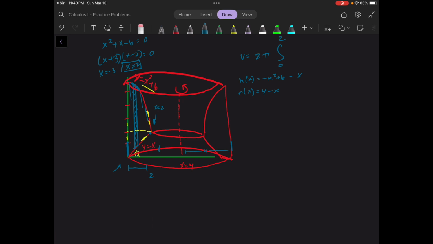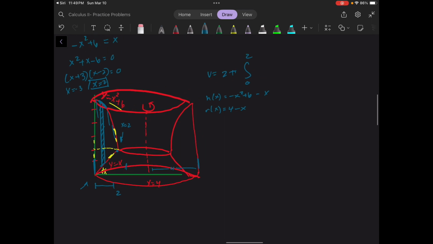So now the radius function is either going to be one of two things. It's either going to be x or the number that you're revolving around minus x. That's, of course, when you're revolving vertically. If you're revolving this way, for example, about the x-axis, it would just be y and then some number minus y instead.